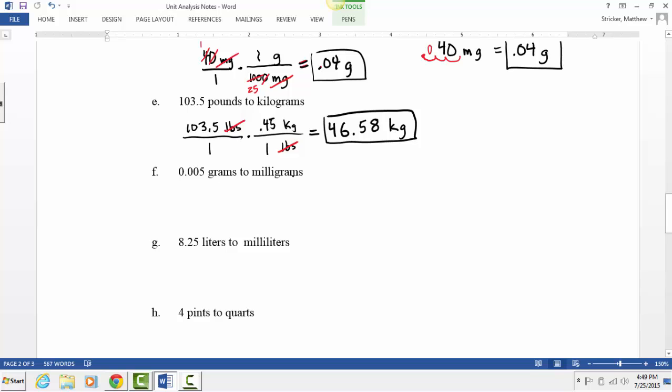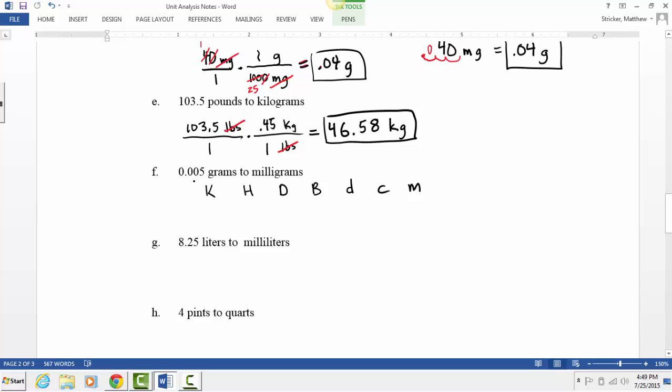Okay, grams to milligrams. Let's try using our mnemonic device here. King Henry died by drinking chocolate milk. Kilo, hecto, deca, base, deci, centi, milli.